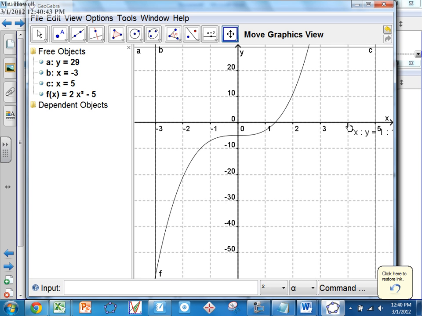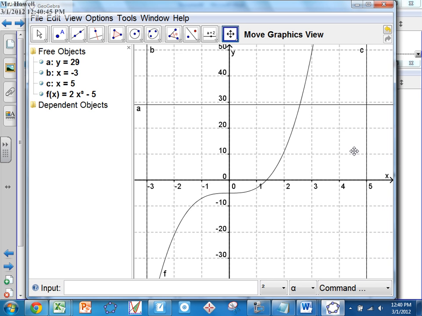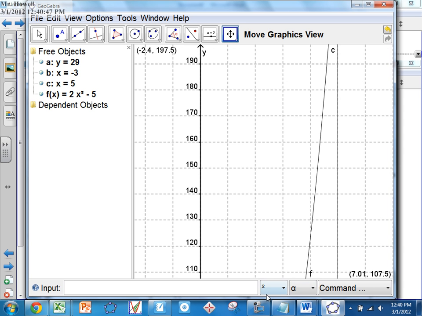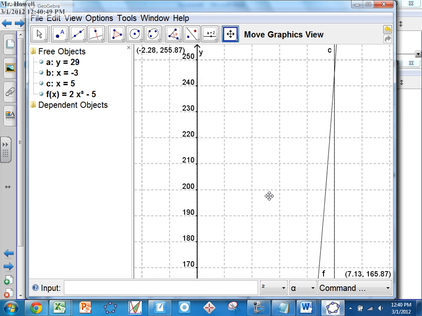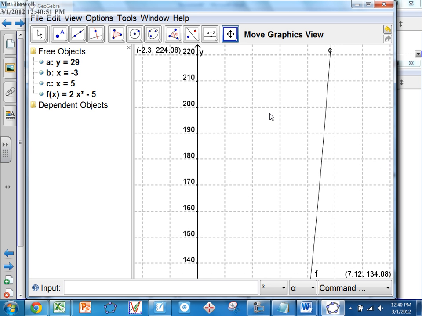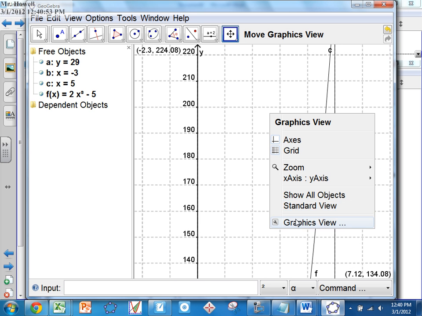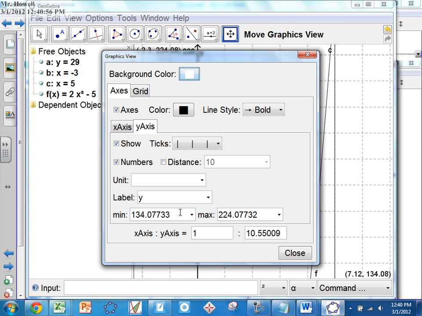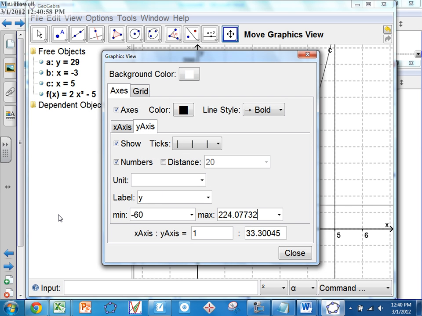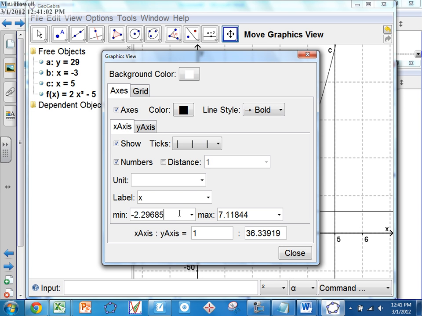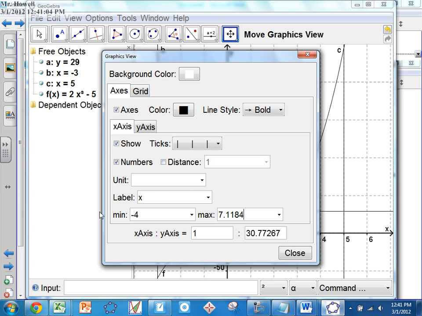Ooh. It's going to intersect all the way up at, oh my gosh, 240. So I'm going to go to 250 then. All right, that's much better.